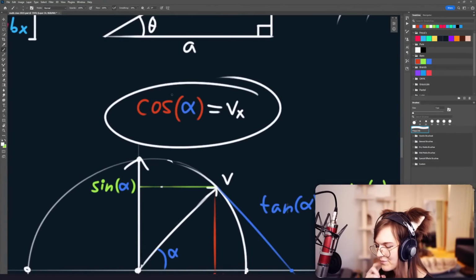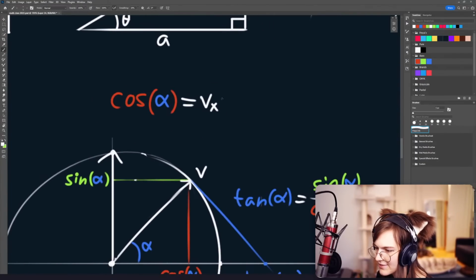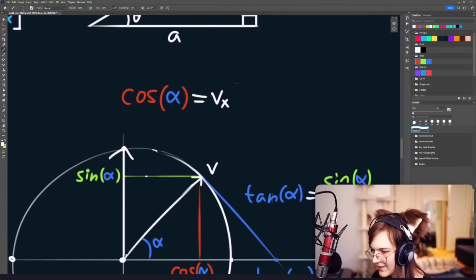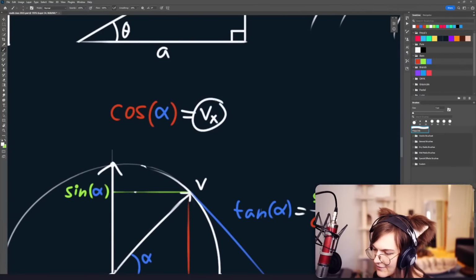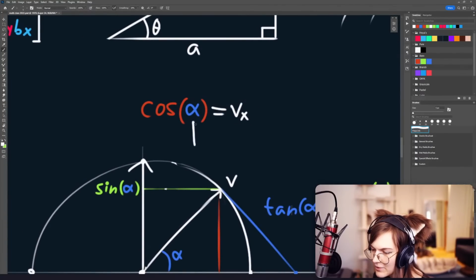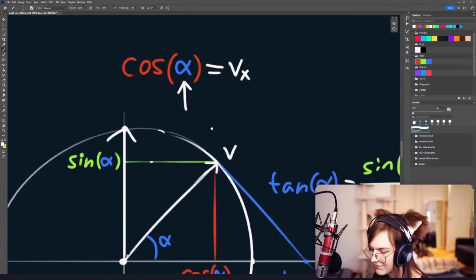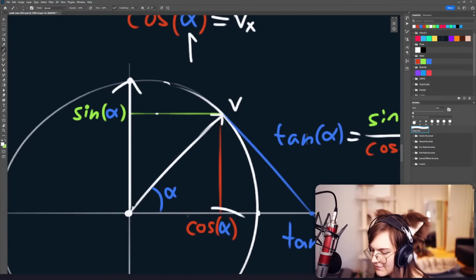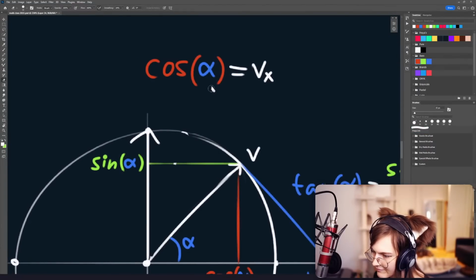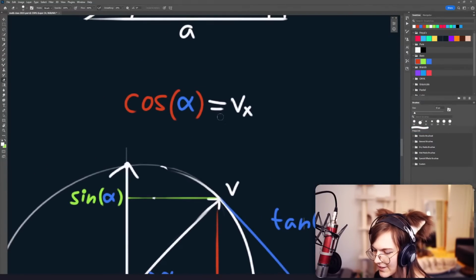So with the cosine, we get the x component of our vector, and that's great. But what if we have the x component and we want to figure out what is the angle? Let's say we already know the x component of the vector, but we want to get an angle out of it. So how do we do that?